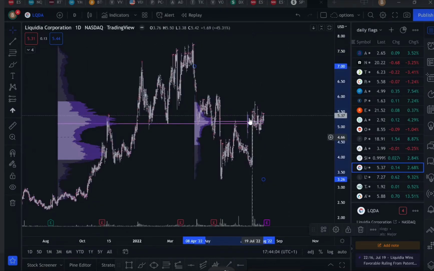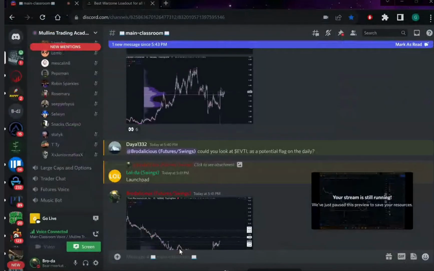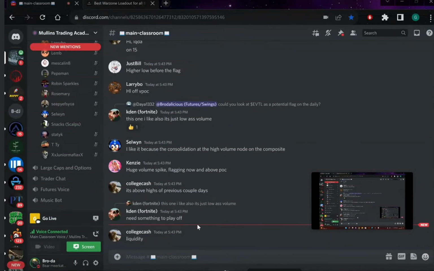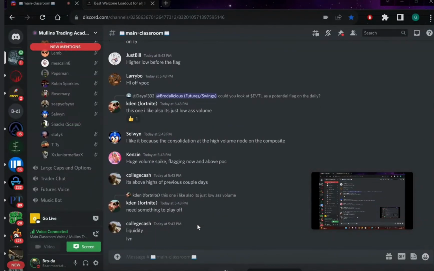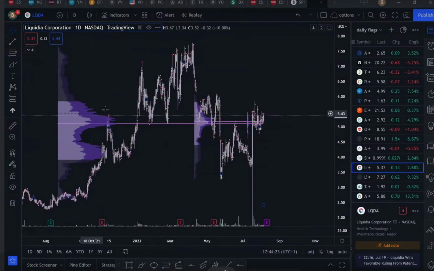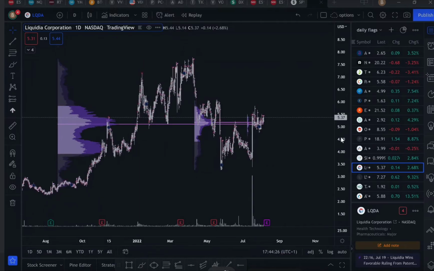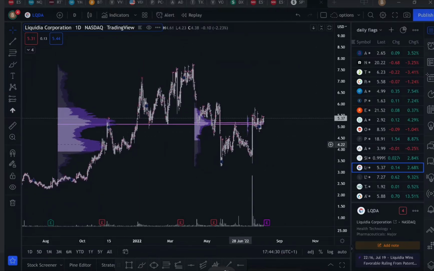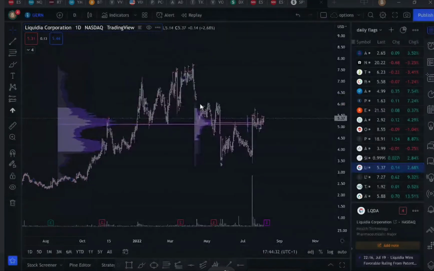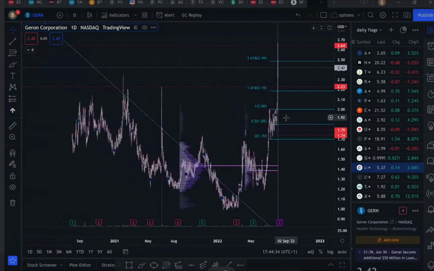And then if we are holding this area in here, then what have we got above this consolidation in the high volume nodes? LVN, there we go. Right, so we've got low volume above these areas. And if we've got low volume above these areas, then we've got speed and we've got range.